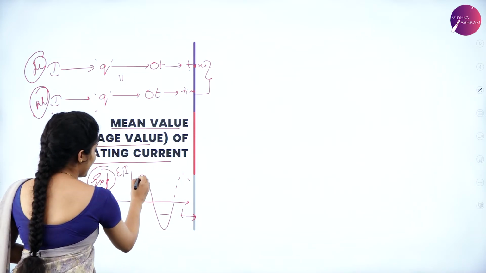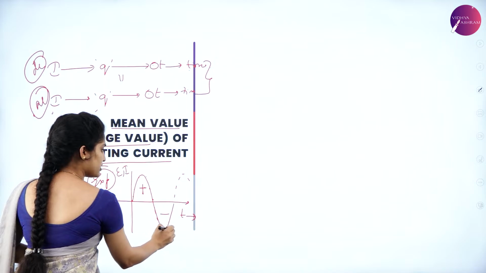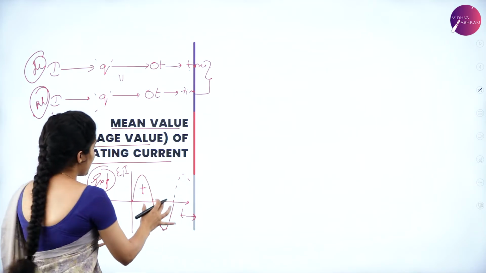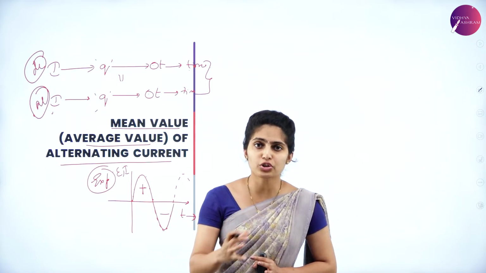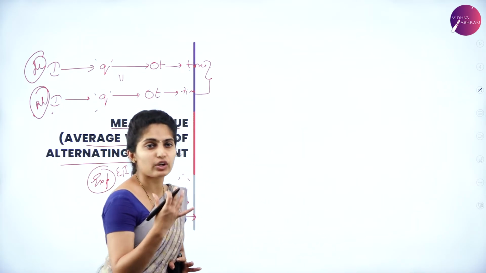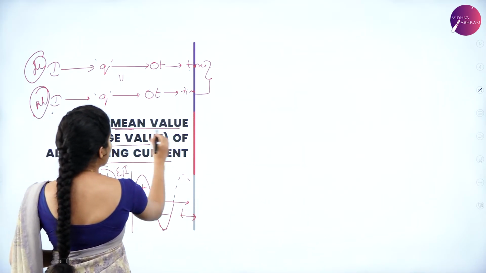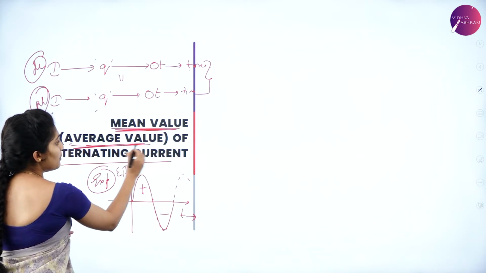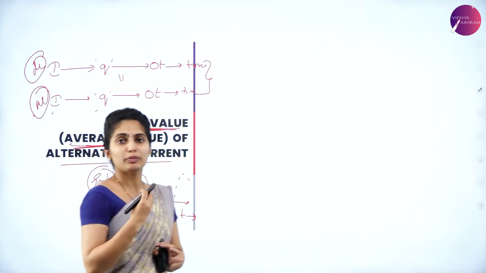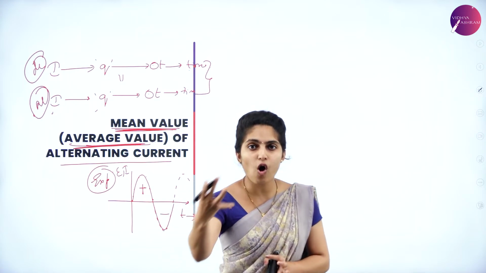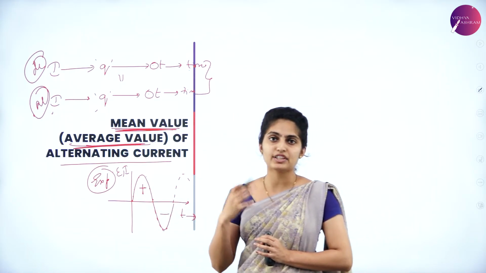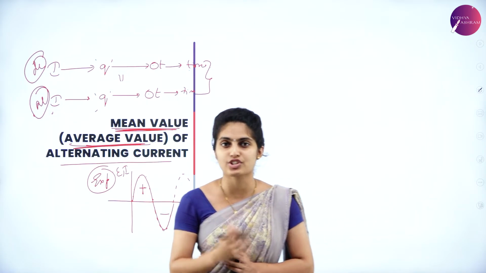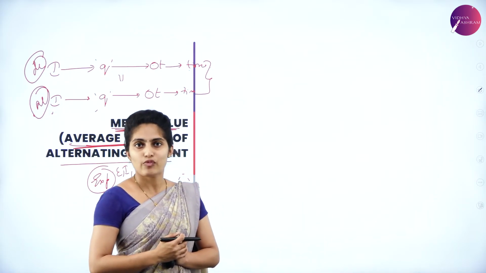Now there are n number of values over this curve, but we don't have a specific or standard value. So in order to get a standard value, we consider the mean value. Mean value means you calculate all the currents at each and every interval of time, and you give one expression, which is called the mean value.